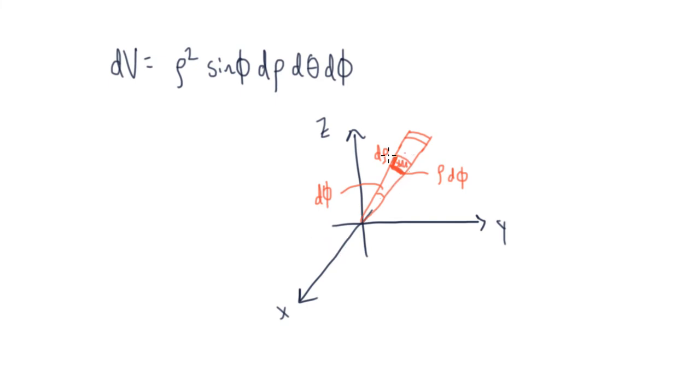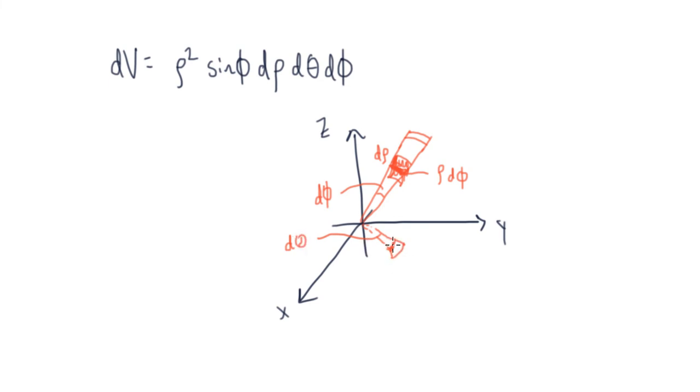Okay. But then we also have a small change in theta. And the best way to view this is to actually project the region down. So here's the region that I kind of draw out, there's my volume region right there. If I project this down into the xy plane, notice that a change in theta really is the same as it was in polar coordinates.